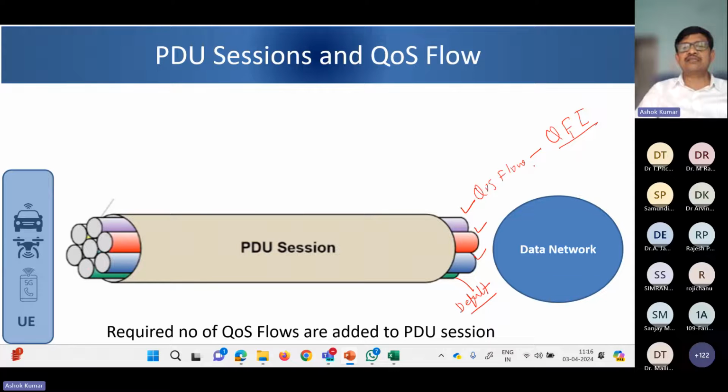This is the identification, and within that, different quality of service will be managed as per the requested service. So this is the concept of PDU session and QoS flow.